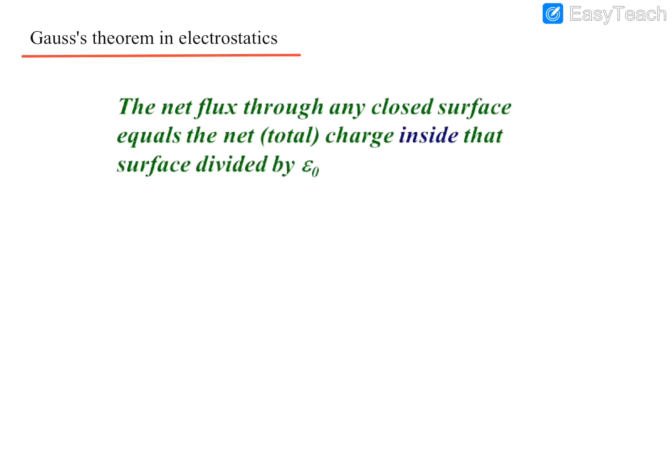Now by reading the statement itself, we can write it. The left side is net flux through any closed surface, so the left side is phi E, because flux is phi E, the electric flux. Net flux through any closed surface equals the net charge inside that surface. So total charge, let us take it as Q.